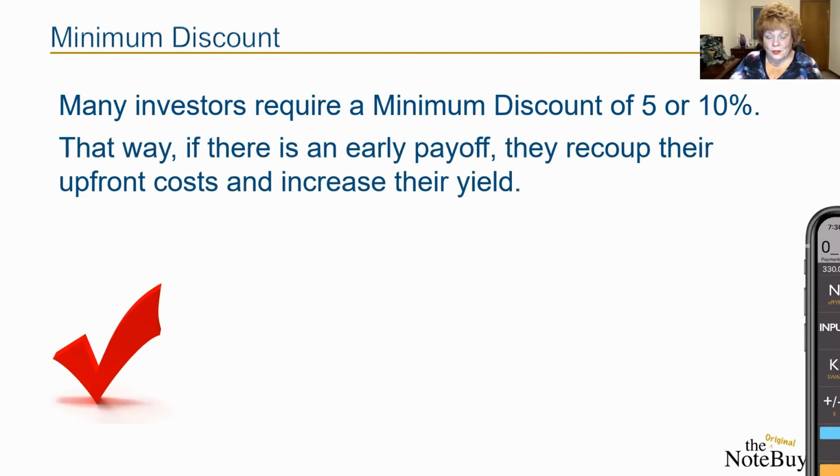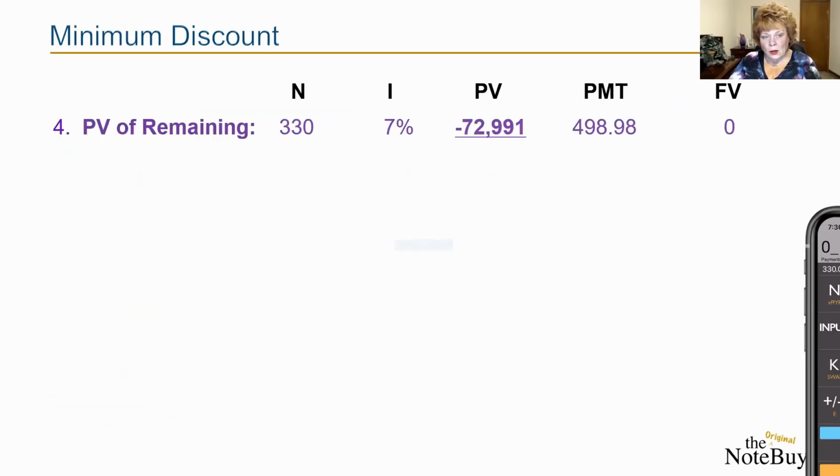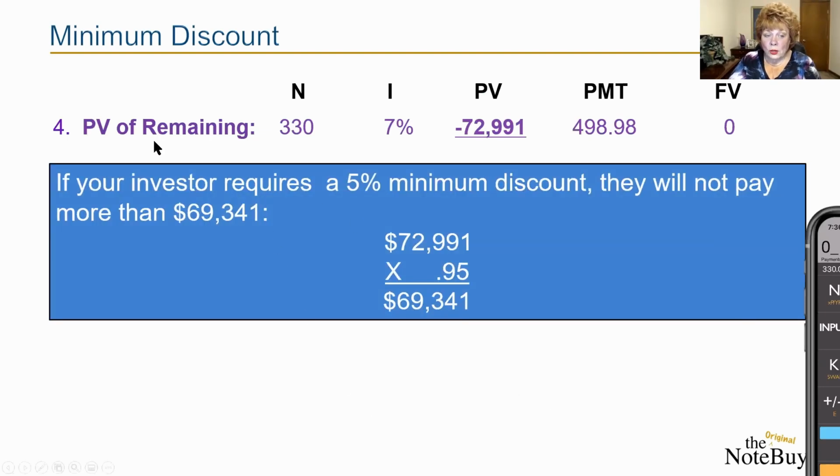So again, the reason they do that is so that if there is an early payoff, they at least recoup their upfront costs and increase their yield a little bit. Okay. So looking at our number 4, our present value of the remaining, if we have an investor who requires a 5% minimum discount, we simply take 95% of the current balance, and we know the most that this investor will pay for this note is $69,341.